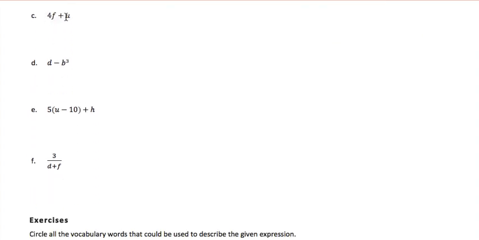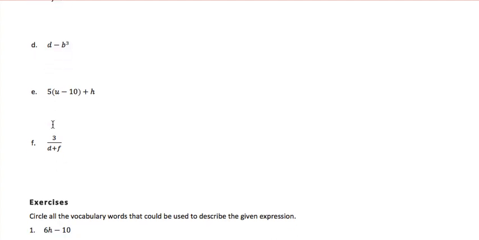For 4f plus u, it'd be u added to the product of 4 and f. 4 times f plus u. The sum of 4 multiplied by f and u. Don't forget that word and. The next one, d minus b cubed. The difference of d and b cubed. E, these are getting tougher, aren't they?